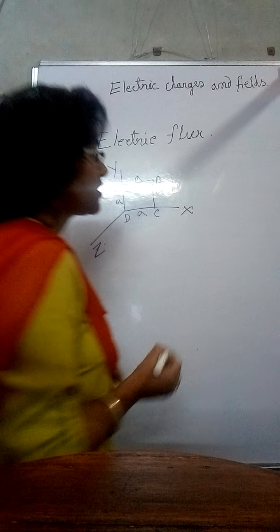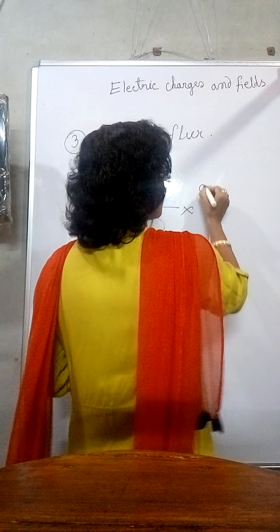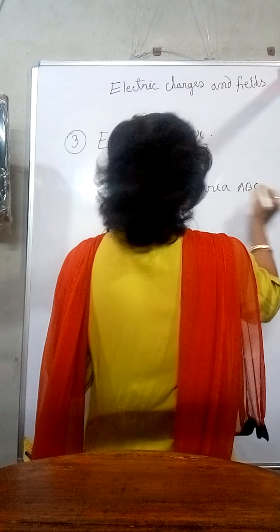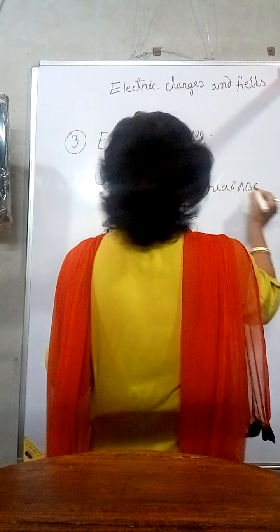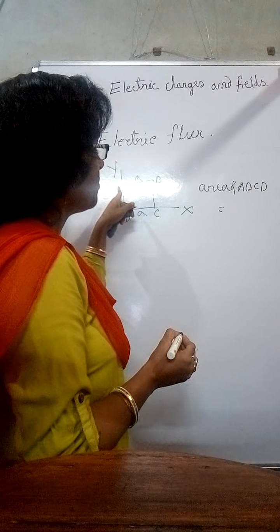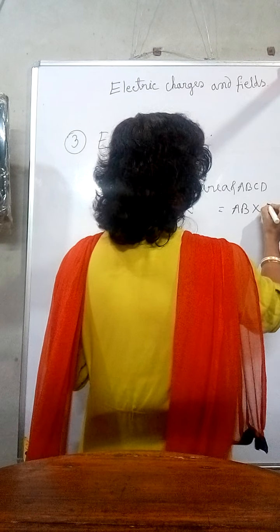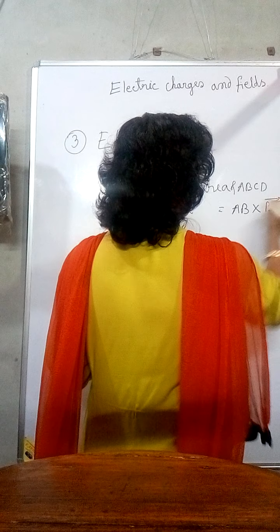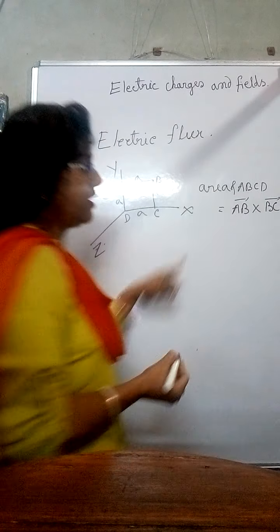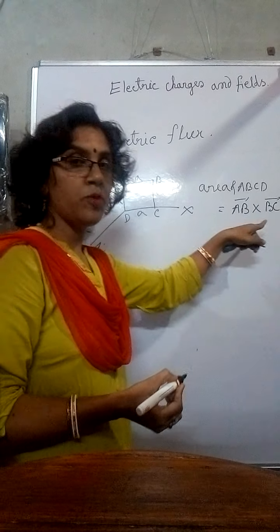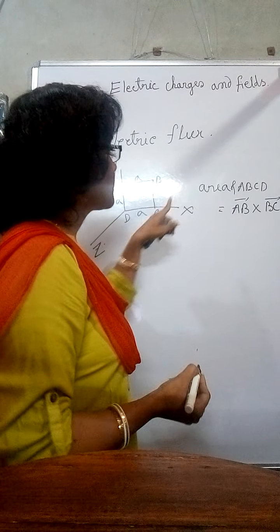Now the area of that square ABCD will be the vector product of two sides, that is AB cross BC. Since it is a vector product, we know that a vector product gives a vector quantity.